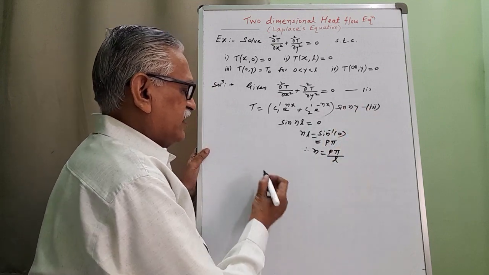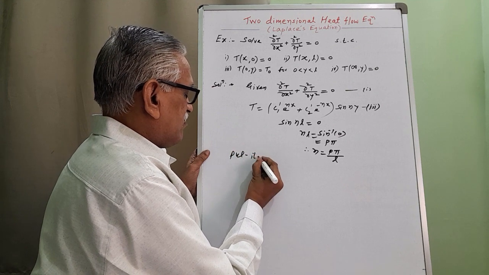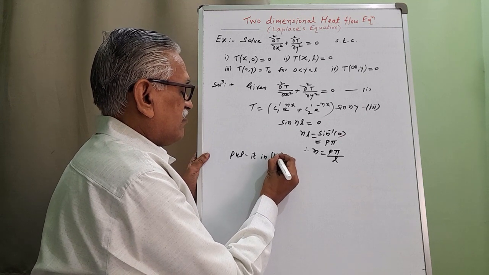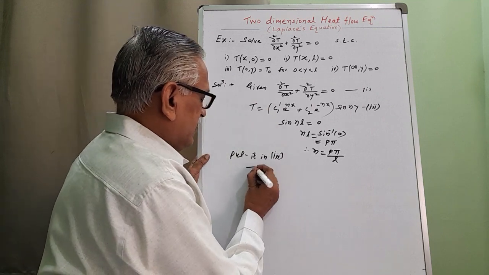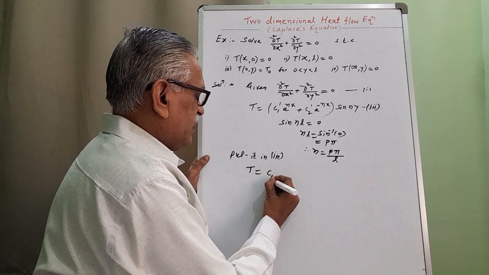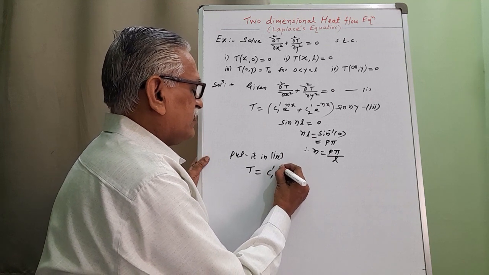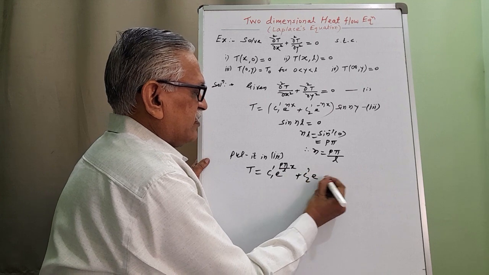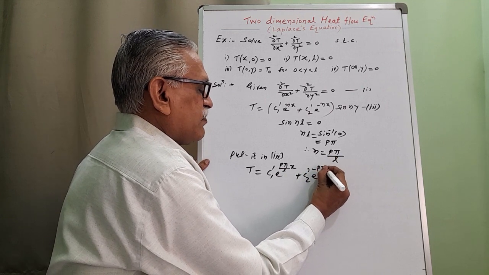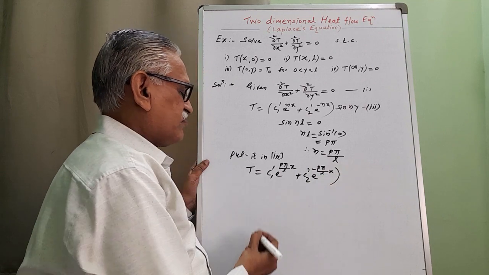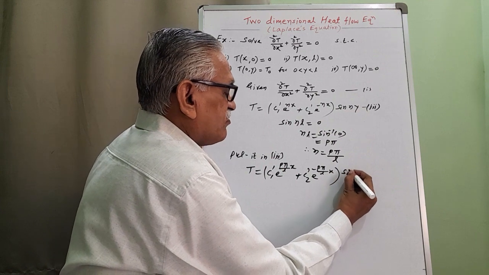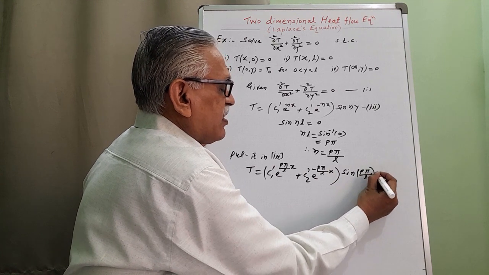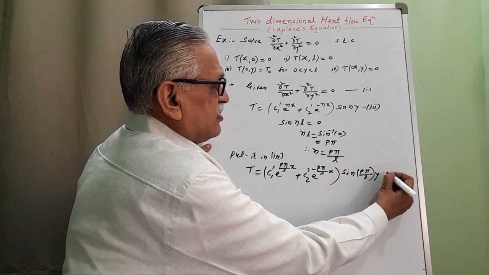Substituting that value in equation 3, equation 3 becomes T = (c1' e^(pπx/L) + c2' e^(-pπx/L)) sin(pπy/L), as equation number 4.